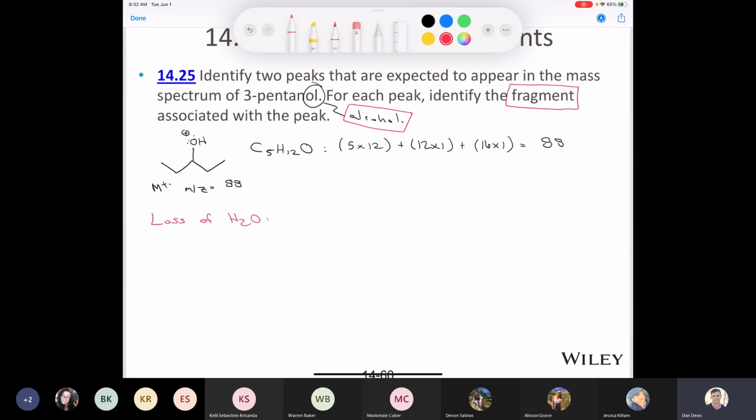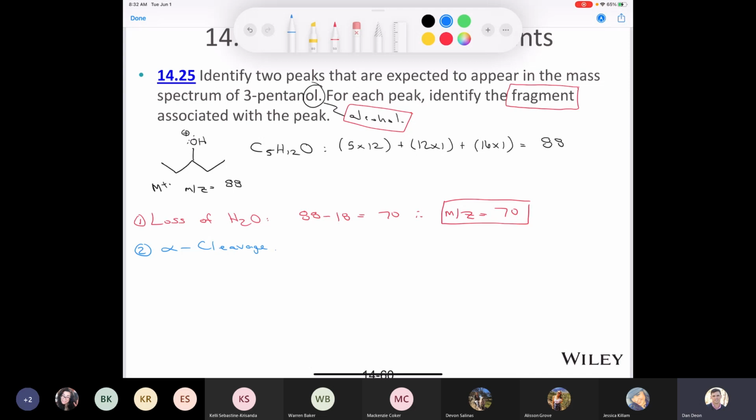Yeah, it's 18. So if I take 88 and subtract 18, I end up with 70. Therefore, I should see a peak at a mass over charge of 70. That would be my first answer, from a loss of water. The second thing would be alpha cleavage, so I should see a peak due to alpha cleavage. We'll label this number 1, and number 2 would be alpha cleavage.